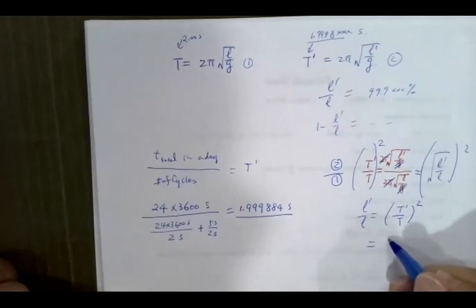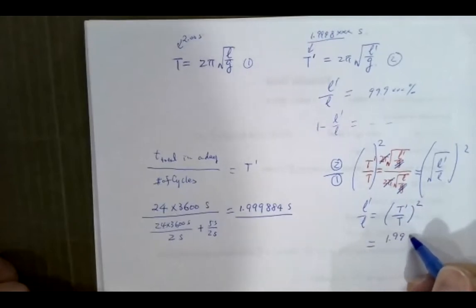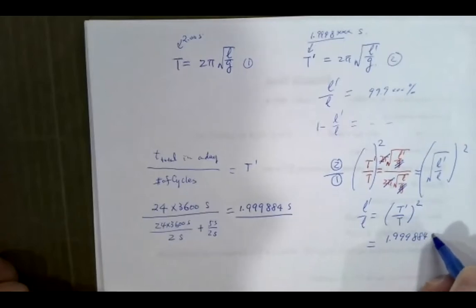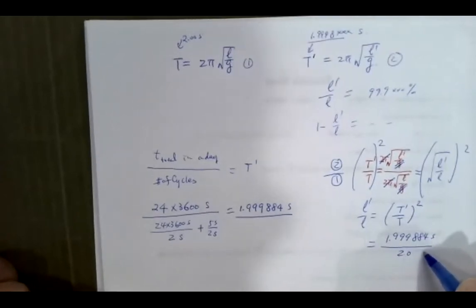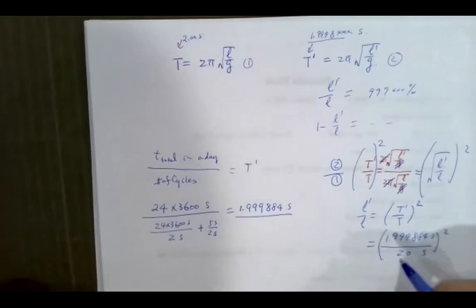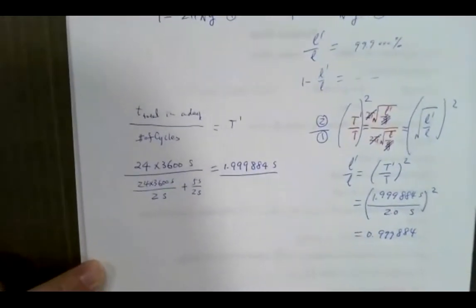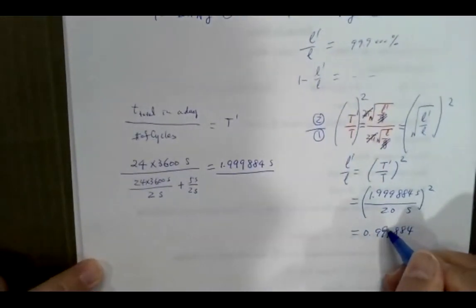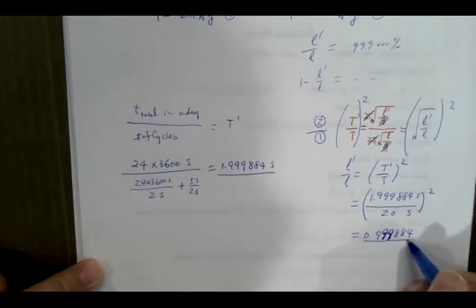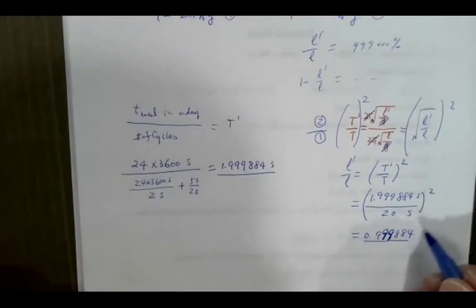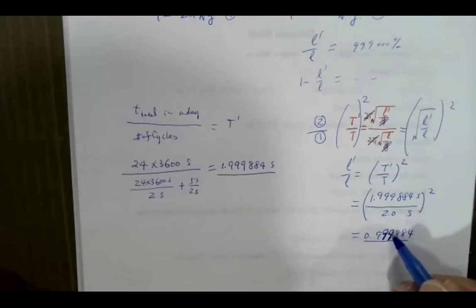So this would be 1.999884 seconds divided by 2 seconds, squared. That will give me 0.999884. So you can see the length of this clock is slightly less than the ideal one, so you want to make that adjustment. That means you want to make it a little bit longer.